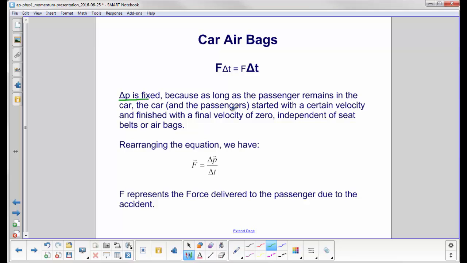Delta P is fixed because as long as the passenger remains in the car, which of course is another wonderful reason to wear your seatbelt, the car and the passengers started with a certain velocity and finished with a final velocity of 0 independent of the seats or the airbags. Whether you had them on or not, the car is going to stop. By rearranging the equation, F is delta P over delta T, where F represents the force delivered to the passenger due to the accident.